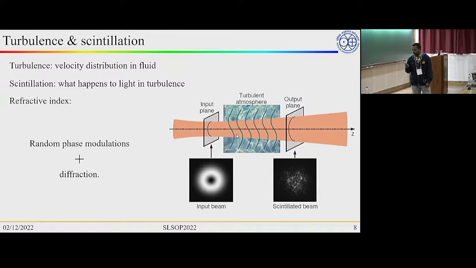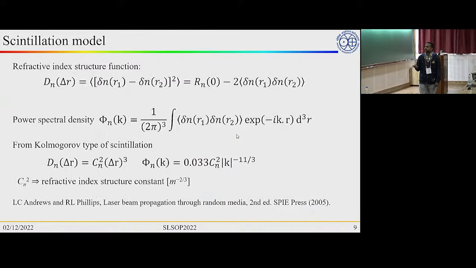No. So there are many ways to introduce this turbulence or get this turbulence. I am mainly focused on Kolmogorov type of scintillation, where you can see the term Cn square, which gives the refractive index structure constant. If the value of Cn square is between 10 to the power minus 12 and 10 to the power minus 13, it's very little turbulence. 10 to the power minus 12, it's high turbulence.